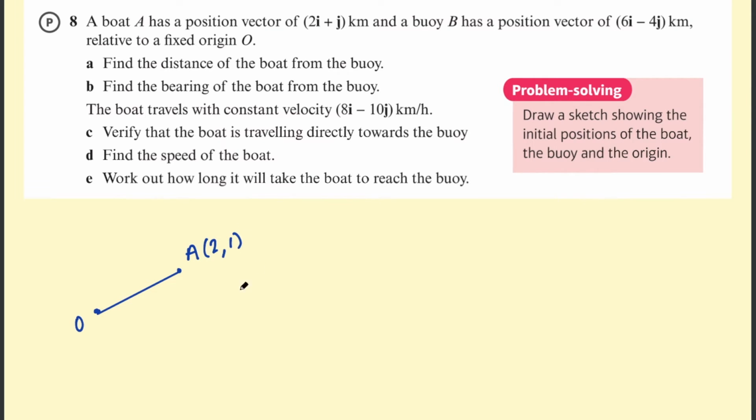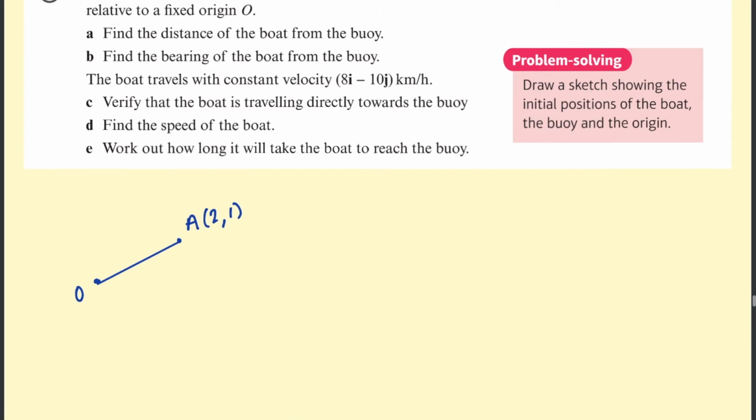So A is at (2, 1). And then B has a position vector of 6i minus 4j, so that's 6 units along the x-axis and 4 down, so somewhere down here. Just say it's about here. And I'm again going to represent that with coordinates of (6, -4). Okay? And I'm going to join A and B and OB.